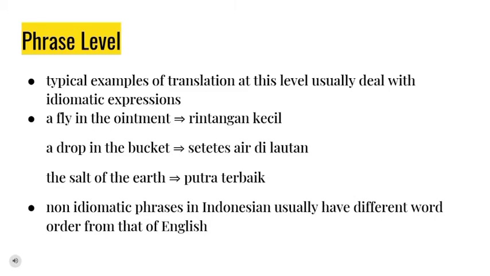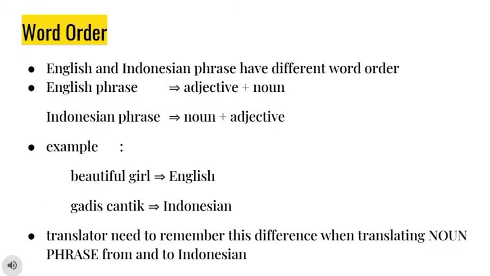Non-idiomatic phrases in Indonesian usually have different word order from that of English. The next is word order. English and Indonesian phrases have different word order. Let's see. In the English phrase, it consists of adjective plus noun.